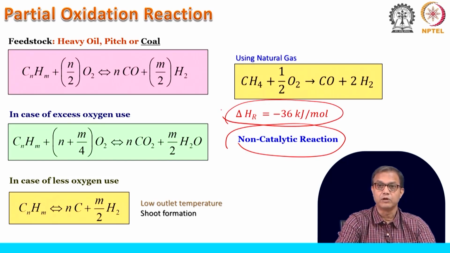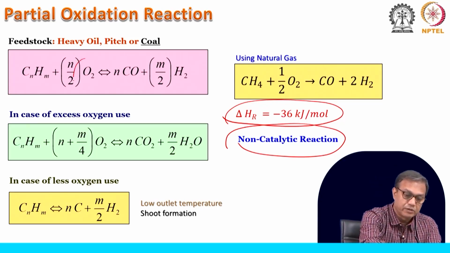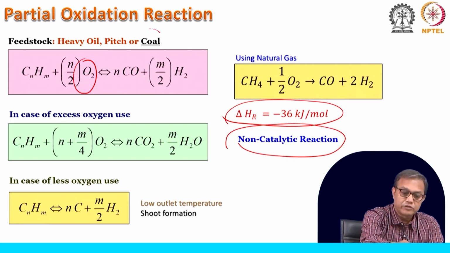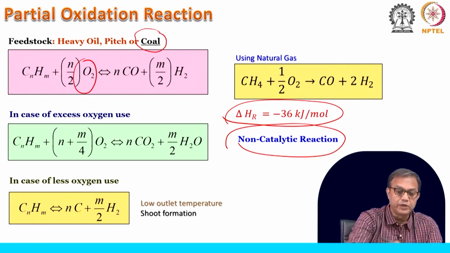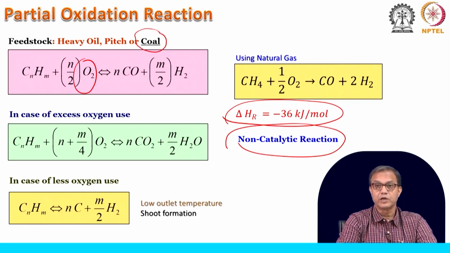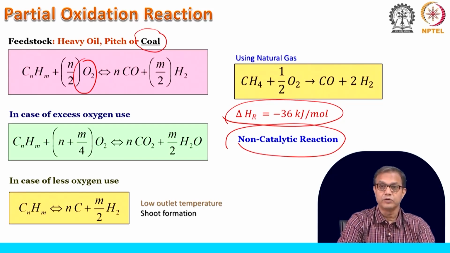That means we need not supply additional heat from outside, but what we need to supply is the oxygen. The feedstock is not necessarily restricted to coal, but we can also use natural gas as well as coal and heavy oil.